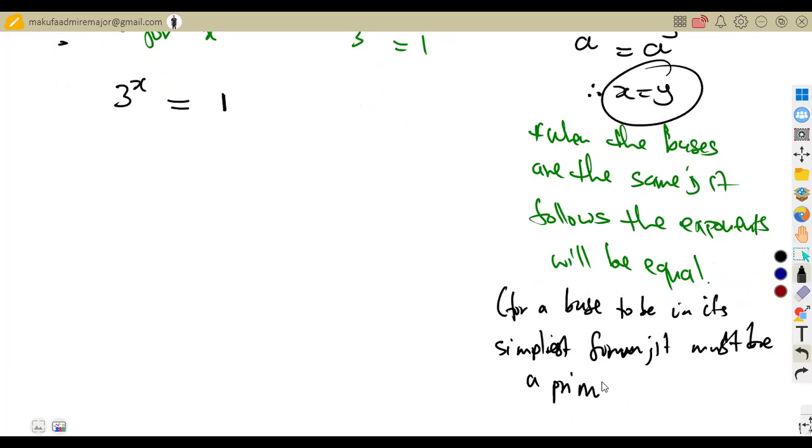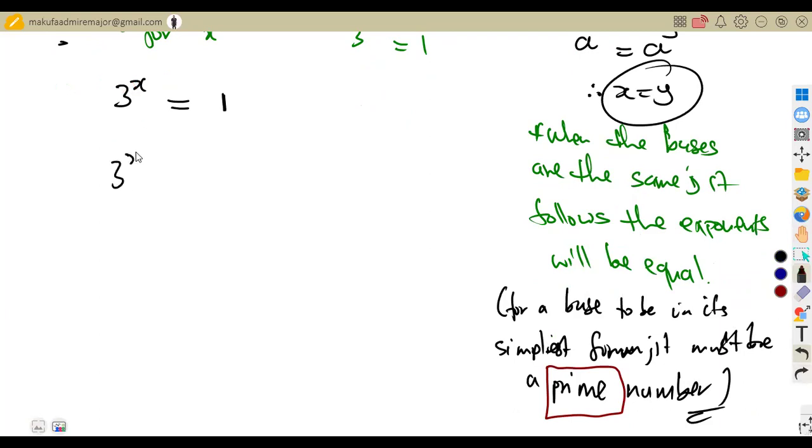I explained this in our simplification. If you still remember that, the simplest number that we can have is a prime number. That is the simplest number that you can have. So 3 is the simplest number, which is fine.